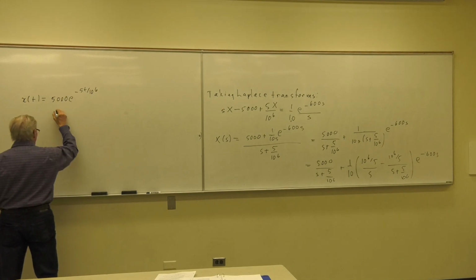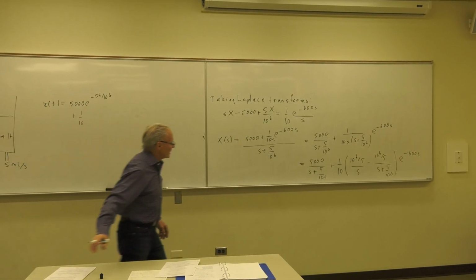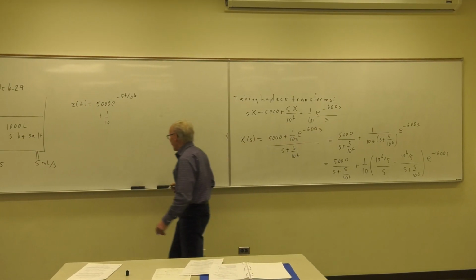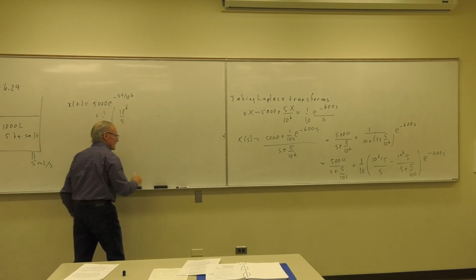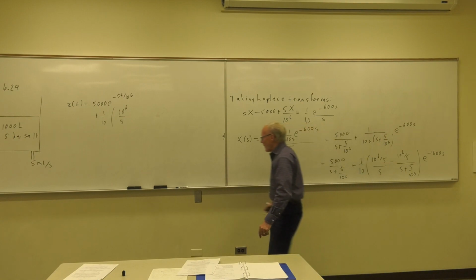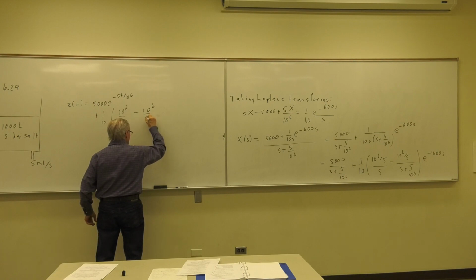Then we're going to have 1 over 10, and we're going to invert this one. That's 10 to the 6th over 5. That's the inversion of that. Then this one we've got minus 10 to the 6th over 5.